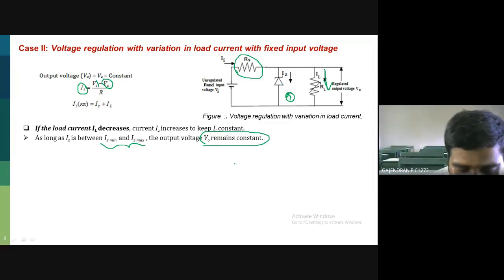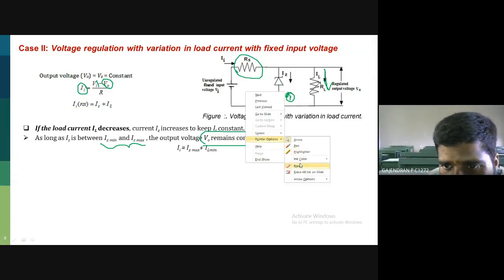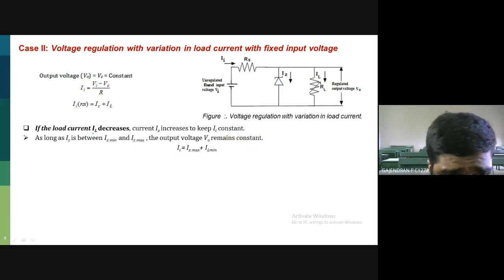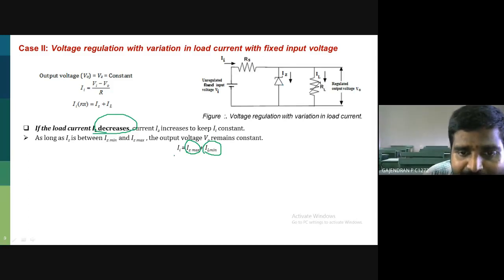Okay, yes. So this is the formula regarding your Zener current value. If I decrease the load current, my Zener will carry maximum current. At that time, my load current will be minimum. Thereby I'm going to maintain this as a constant.